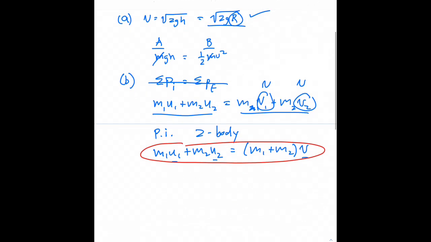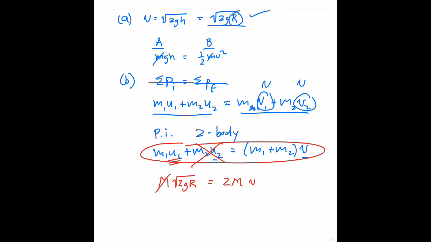However, in our case, mass number 2 was at rest, and m1 we're actually calling capital M. Right before the collision occurs, we found that its speed at the moment just before it strikes the second block is the square root of 2gr. So then when they stick together, now you have a mass of 2m, and then with a velocity of v.